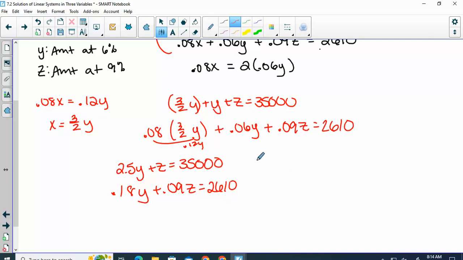Now what? C multiplied by negative 0.10 means 0, negative 0.09 times 2.5.